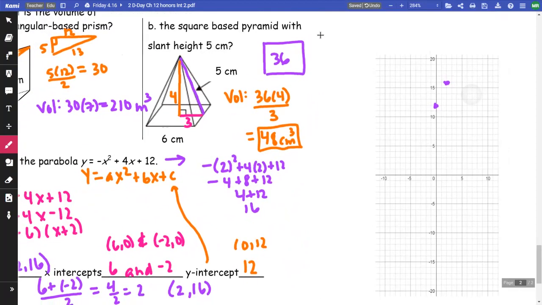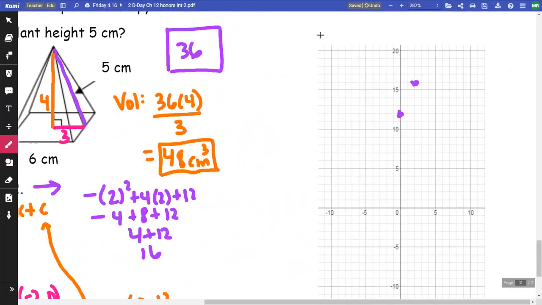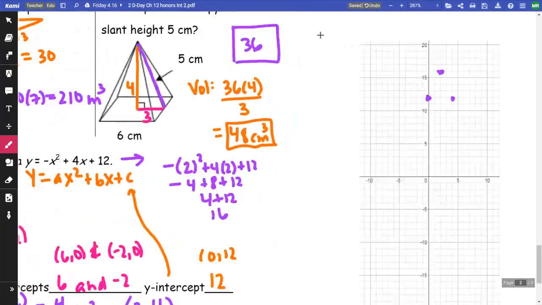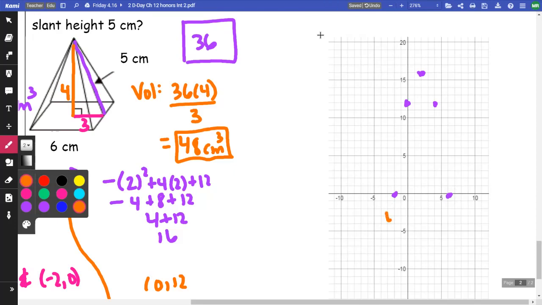And I had x-intercepts at 6 and -2. Let me first get my symmetry here. So I've got a point on either side. And then I have again at 6 and -2. And here is our parabola.